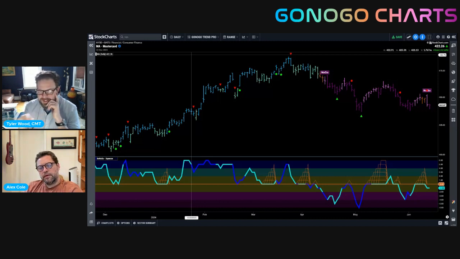GoNoGo oscillator stuck at zero, volatility narrowing, the action of the price movements getting narrower and narrower. And when it finally broke and resolved lower out of that squeeze, we headed into negative momentum. So the GoNoGo oscillator has been ranging between 0 and -6 since that time.